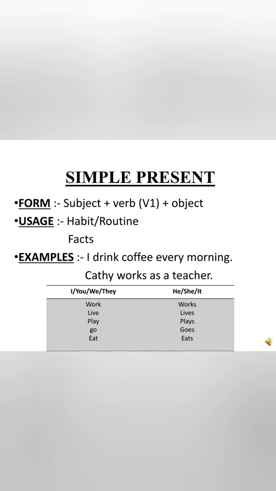Now in the second example, Kathy, we can take Kathy as she. So that is why Kathy has works and I does not have an S. So I hope that simple present tense is clear to you.